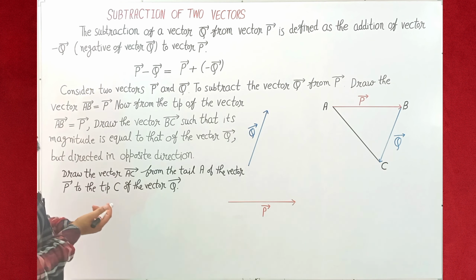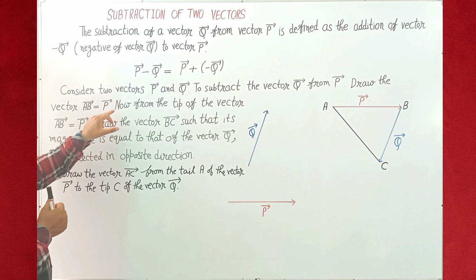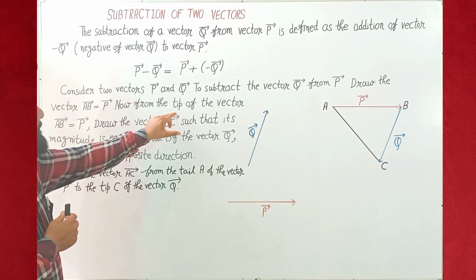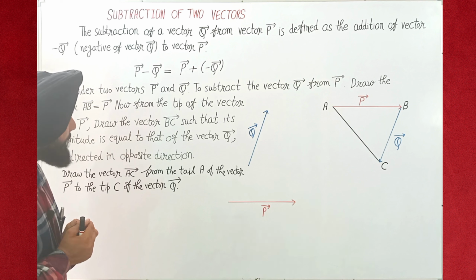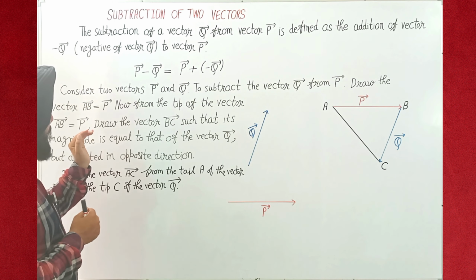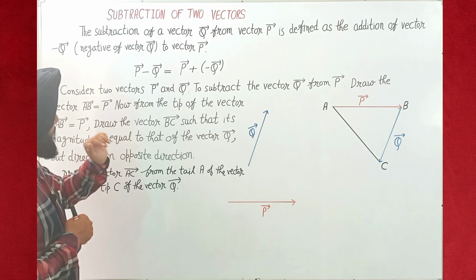Similarly, now from the tip of the vector AB equal to p vector, we draw another vector.